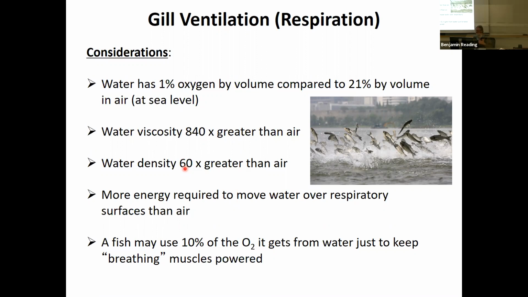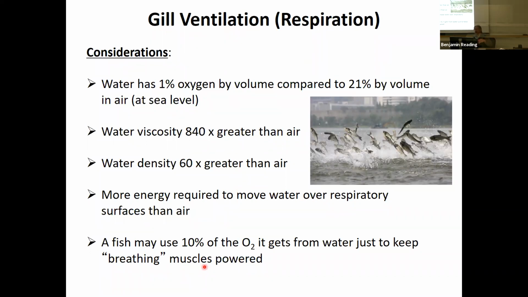It's much more dense and viscous. More energy is then required to move water over the respiratory surfaces in the aquatic realm versus us in the air. So they have to have a lot more dedication here. In fact, 10% of the oxygen that a fish pulls out of the water, it must use just to power its breathing muscles.